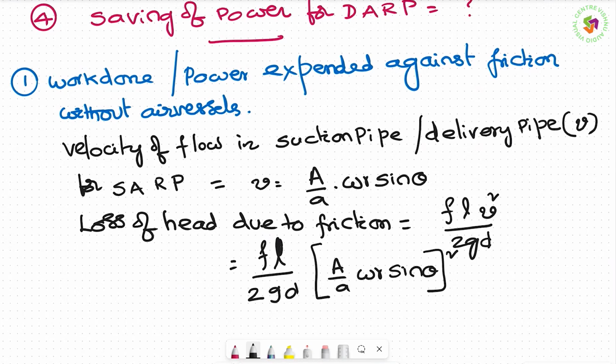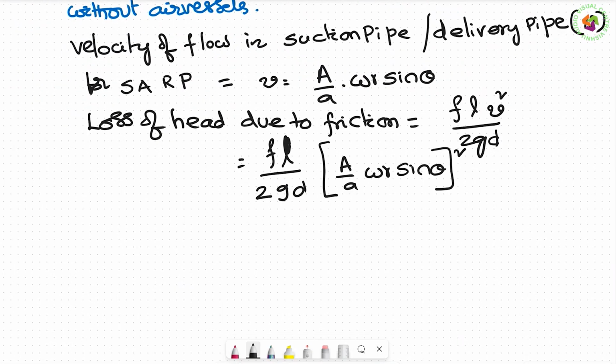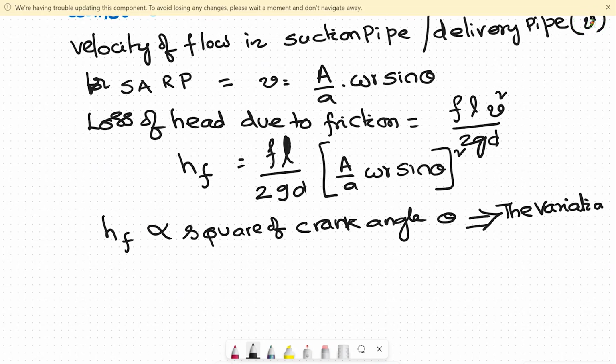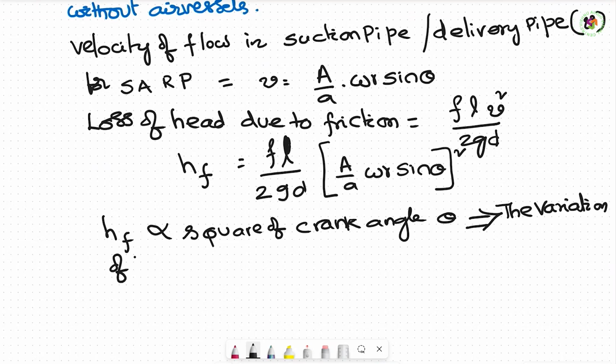If I see this, this head loss is proportional to the square of crank angle theta. So the variation of head loss is parabolic.